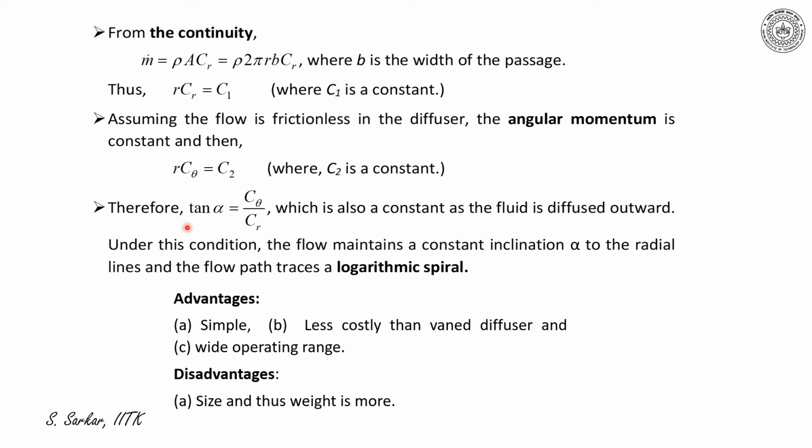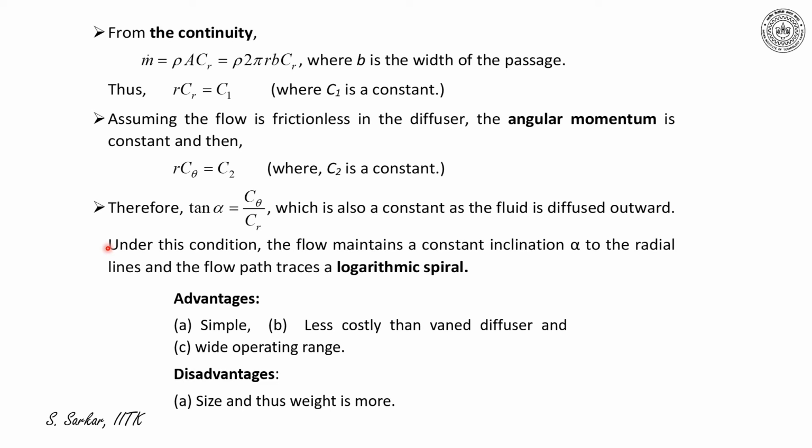Therefore, under the conservation of angular momentum and considering the flow is frictionless within the diffuser, I can say the flow maintains a constant inclination alpha to the radial line, and thus the flow path traces a logarithmic spiral.